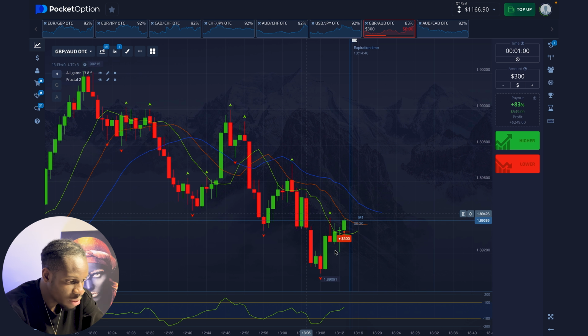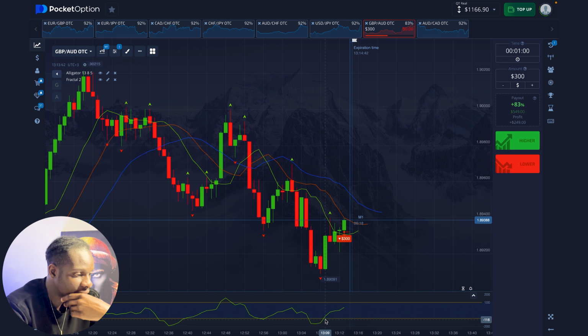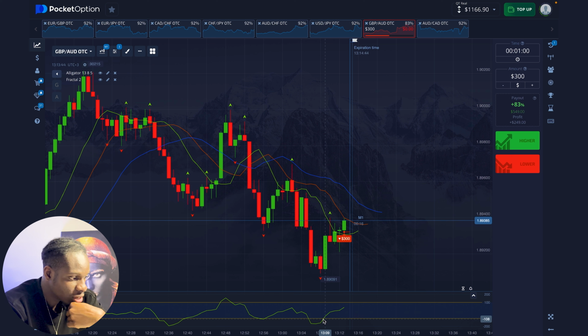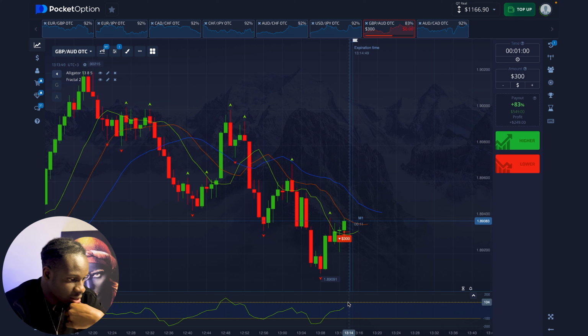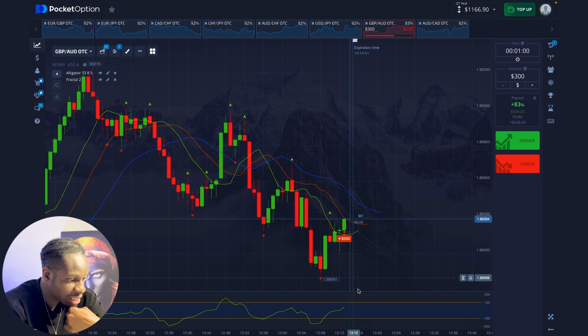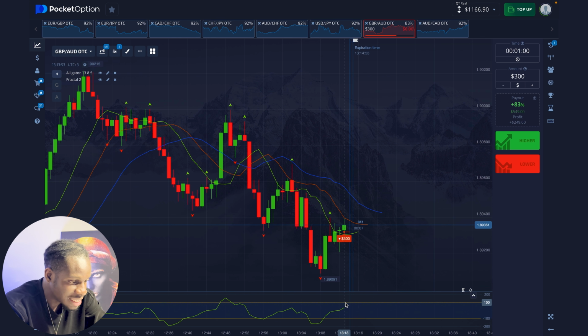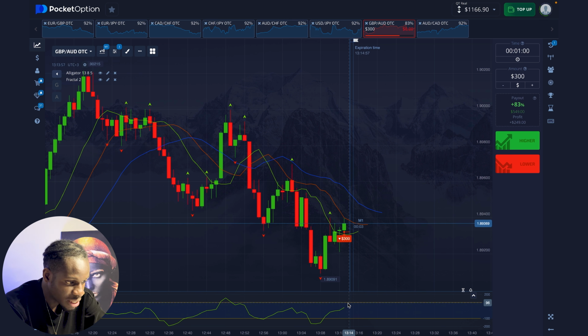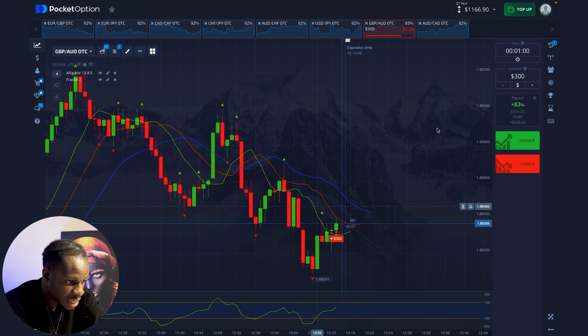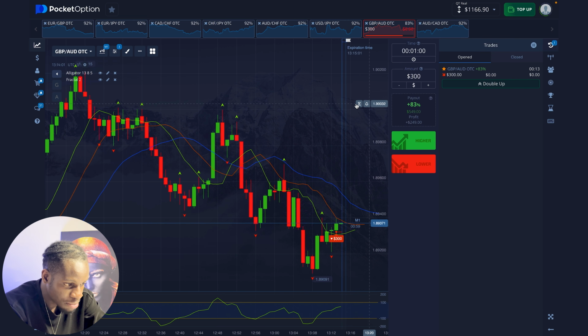The only hesitation that I had was that the moving line on the oscillator is still heading toward the overbought area. But still, maybe I should have waited until this moving line intersected with that area before I opened the trade. To be honest, guys, I actually acted a bit too quickly.